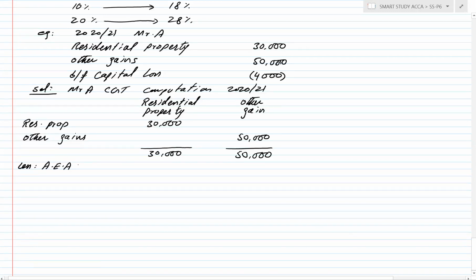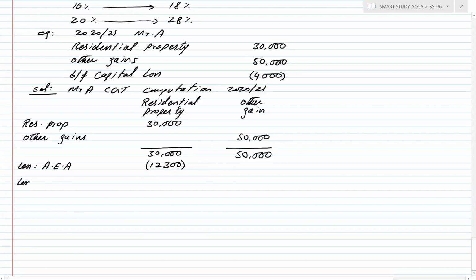So I should deduct the annual exempt amount from residential property first, and if these gains are insufficient, then the remaining amount can be deducted from other gains. But first priority should be residential property. Obviously, the rate of tax is higher on residential property.